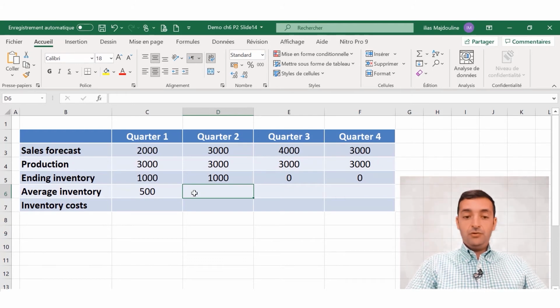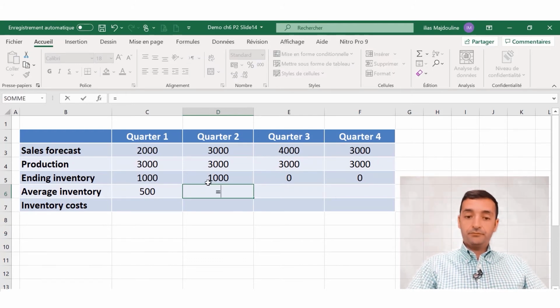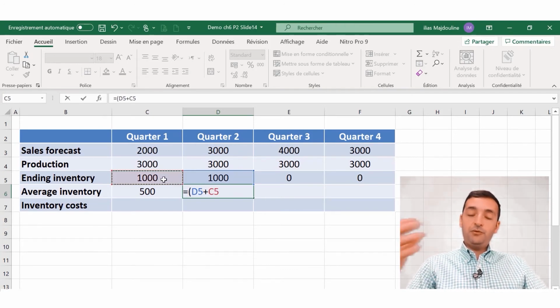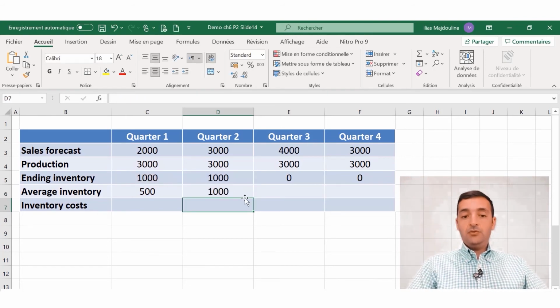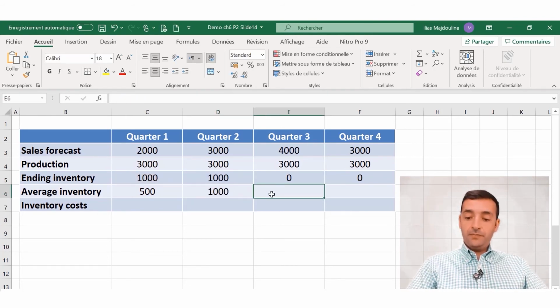And here we will do the same thing: the ending inventory of quarter 2 plus the ending inventory of the previous period, divided by 2 periods. The result is 1,000.